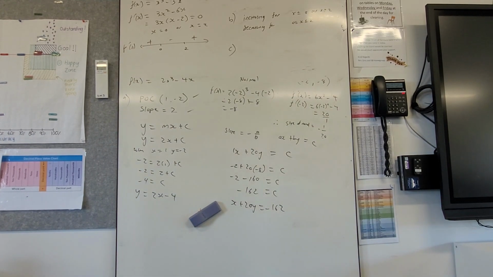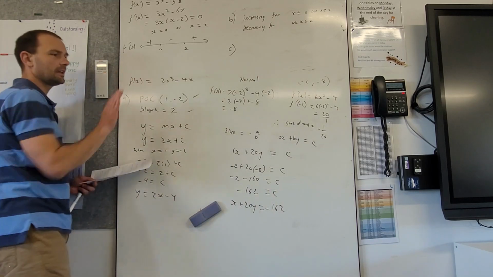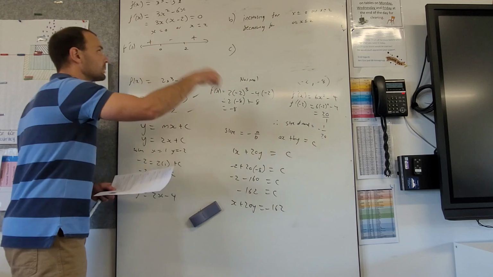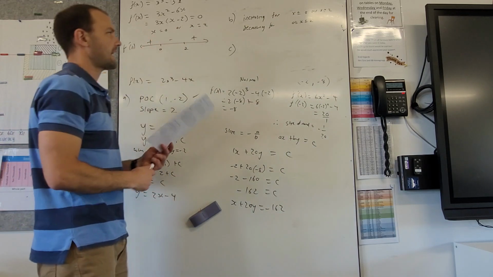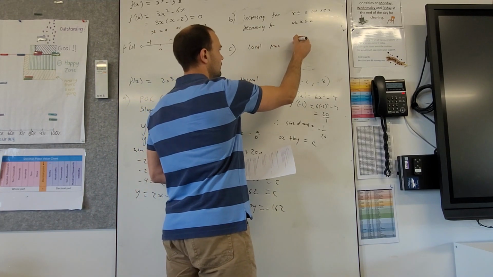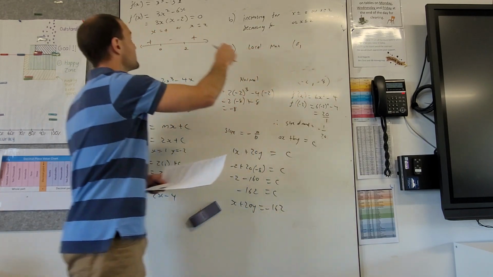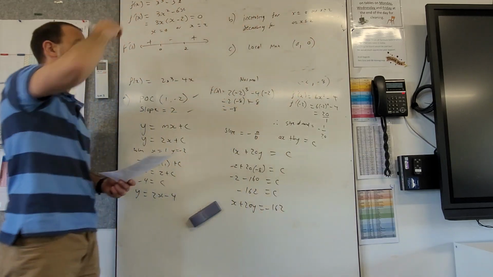Part C, hence state the location and nature of any stationary points. All right, so if we're increasing and then decreasing, we're going up, then down, local max at x is 0. And when x is 0, the y value will be 0. Put 0 into the original equation.